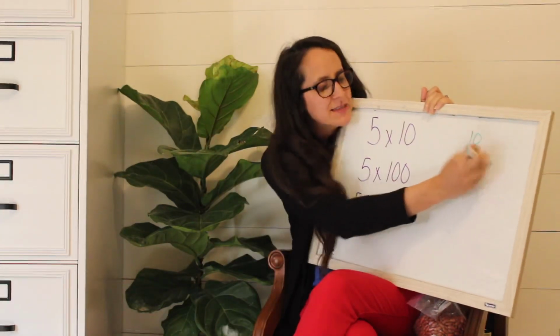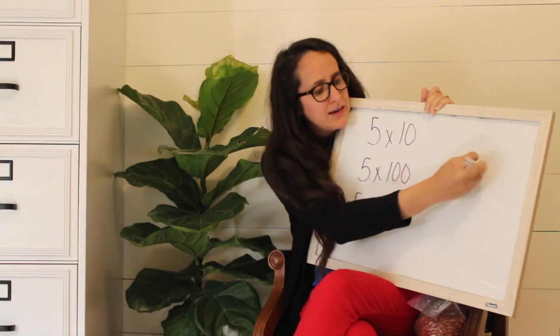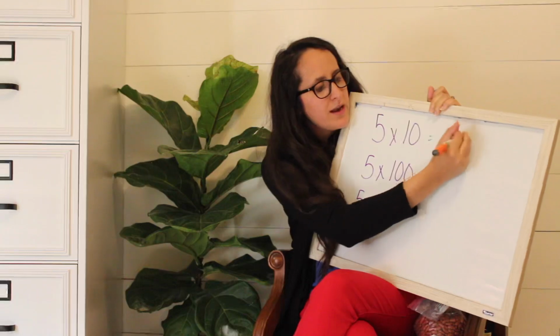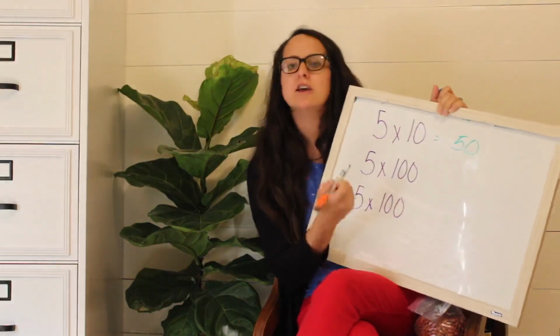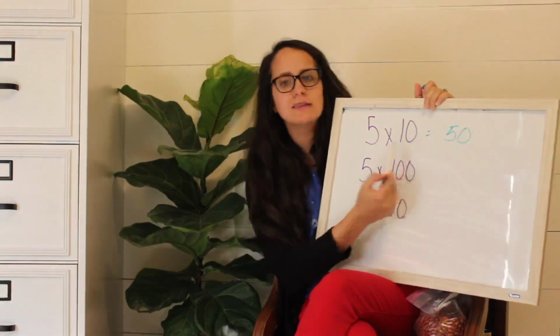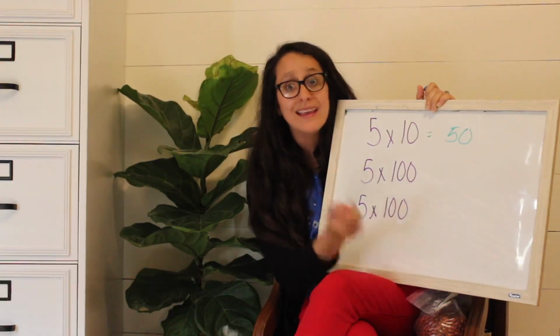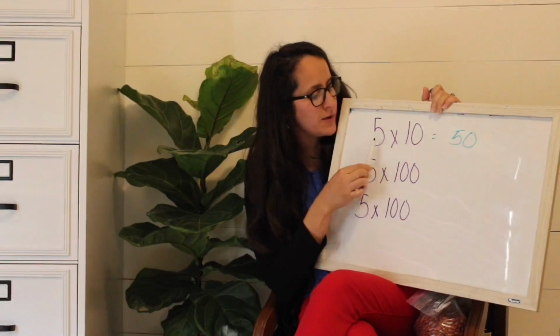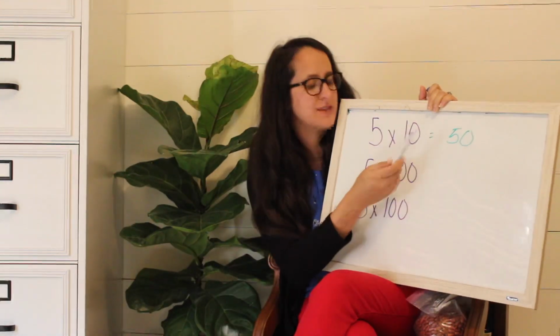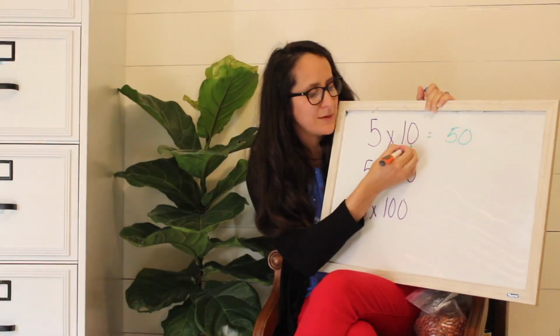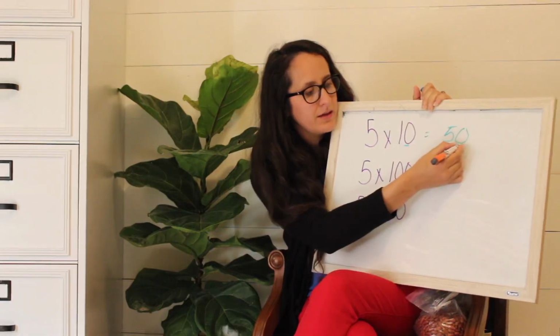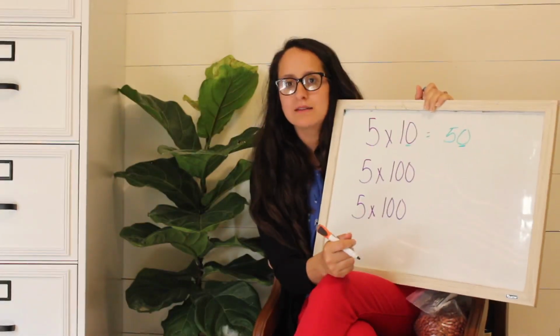So I'm going to erase this. We already know that it's 50. Is there anything that you notice about this? Yes, so when I'm multiplying it by a power of 10, we have 1 zero here. Look how many we have in my product.